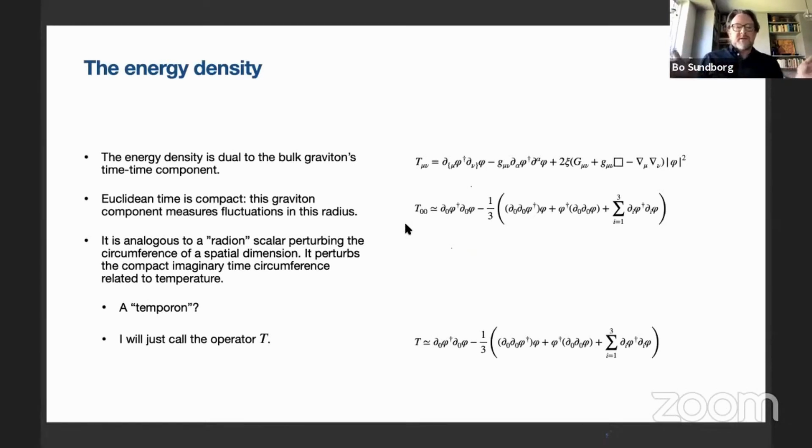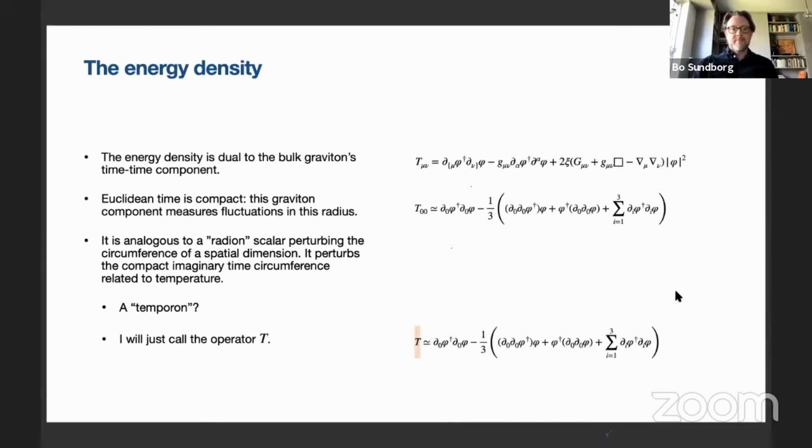So this field is sort of analogous to the radion scalar perturbing circumferences in compactified spacetimes. It perturbs the compact imaginary time circumference, which is related to temperature. And I will call this operator T. Here it is.